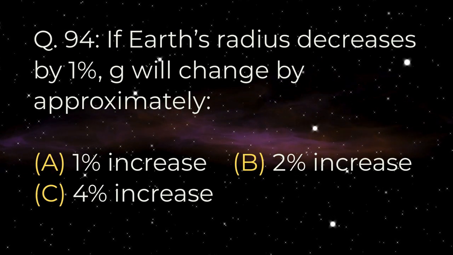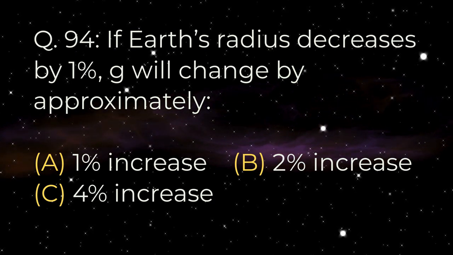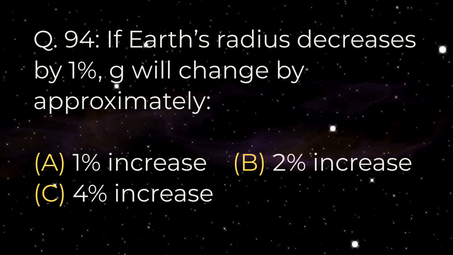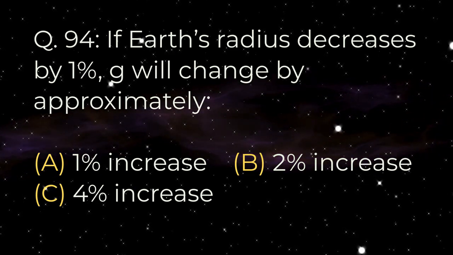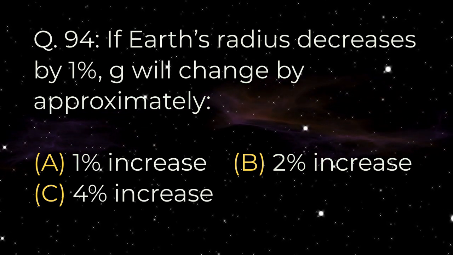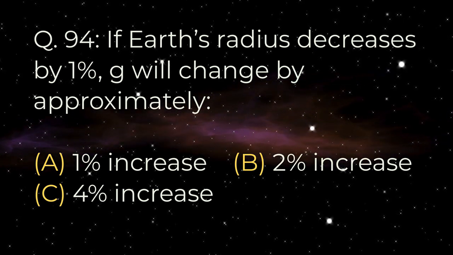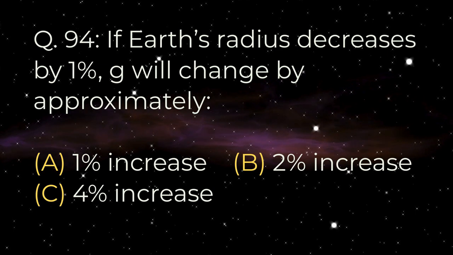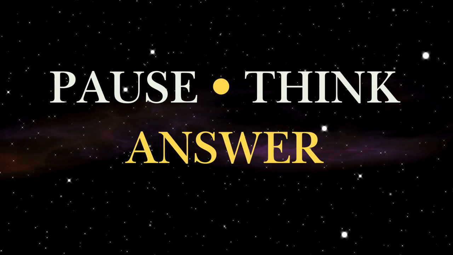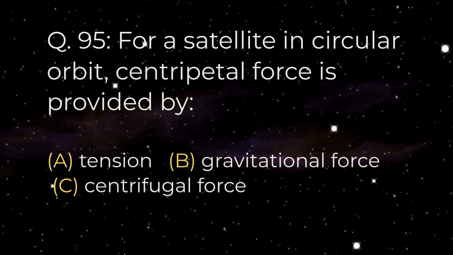Question 94. If Earth's radius decreases by 1%, the percentage change in g is approximately: option A, 1% increase; option B, 2% increase; option C, 4% increase. Question 95.